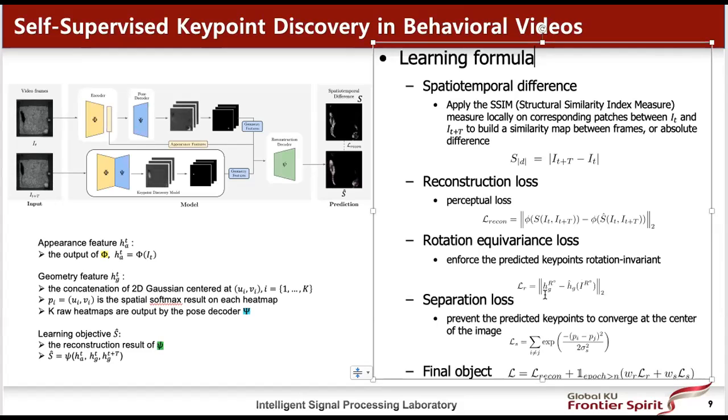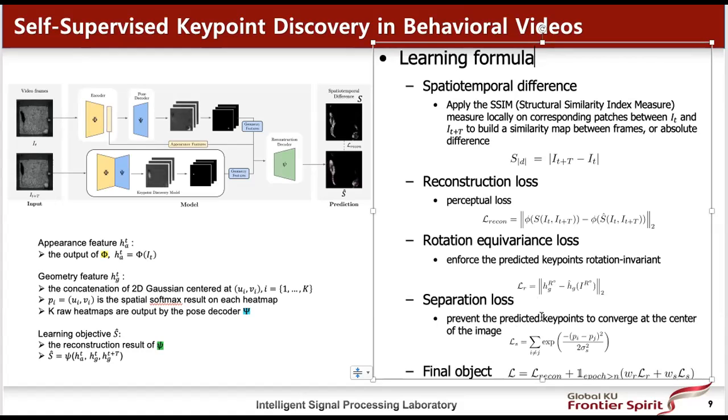The first one, H_g, represents the rotated geometry features while the input is not rotated, so that we can achieve rotation invariance. The next one is the separation loss.